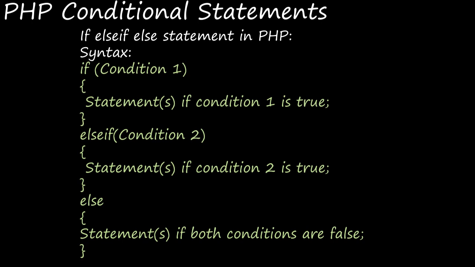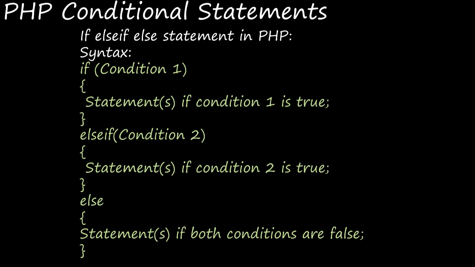If all the other conditions are false, then the last else part will be executed, and whatever is inside the else part will be displayed. This statement or set of codes will be inside the open parenthesis and close parenthesis.